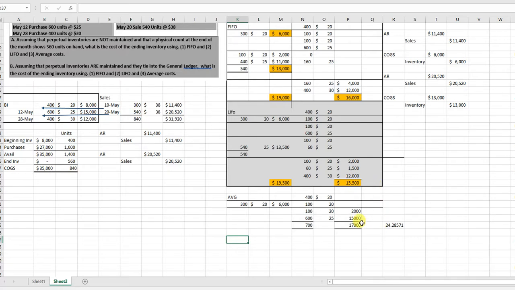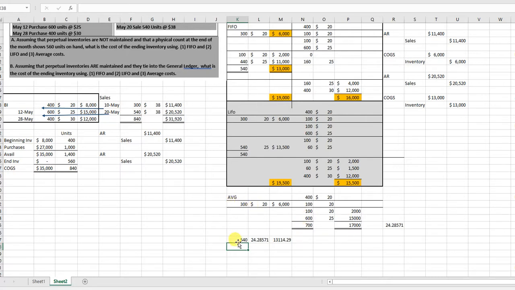So I sold 300 at an average cost of $24.28. So my cost of goods sold, whoops, I didn't sell 300, I sold 540. Because I have my 300 up here at 20.